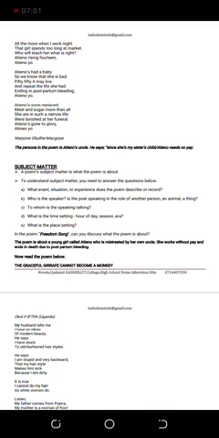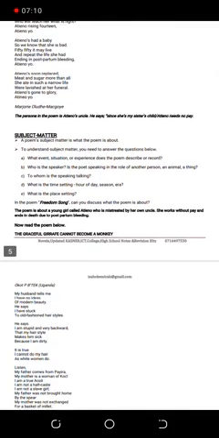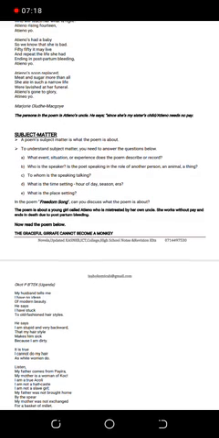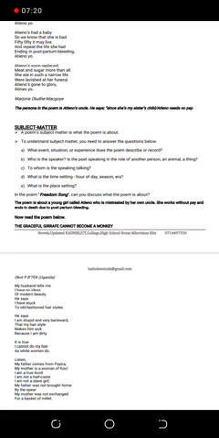And to understand subject matter, you need to answer the questions below. 1. What event, situation, or experience does the poem describe or record? 2. Who is the speaker? Is the poet speaking in the role of another person, an animal, or a thing? 3. To whom is the speaker talking?